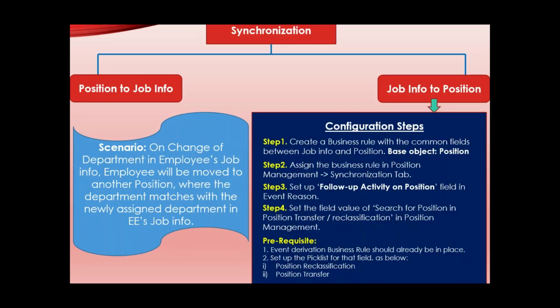Changing the department means the employee is transferred from one department to another, so one kind of transfer event reason should trigger in that case. Based on that event reason itself, the employee's relevant position should be looked up and the employee should be assigned to it, meaning the employee's position should be moved. That's why the event derivation business rule should already be in place.